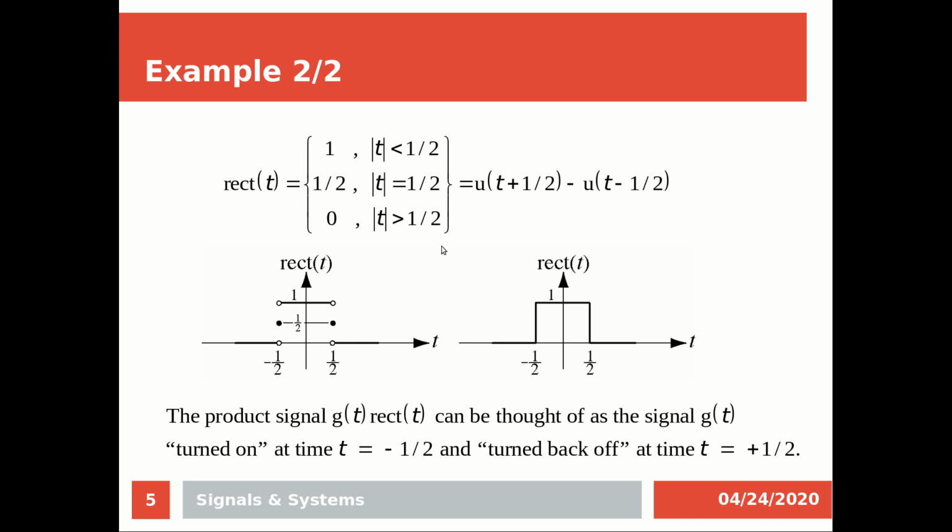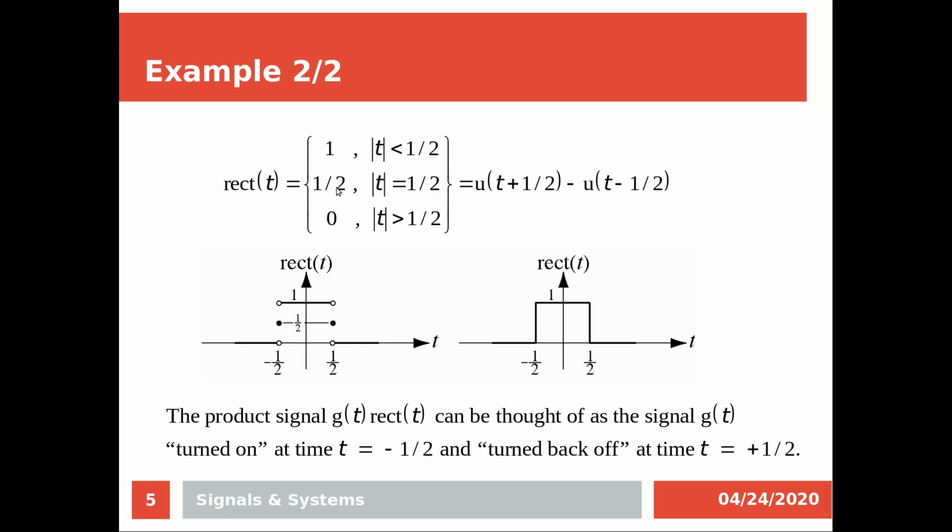So what does that mean? It means that before minus 1 over 2, or after positive 1 over 2, it is 0. And at these values it is 1 over 2.